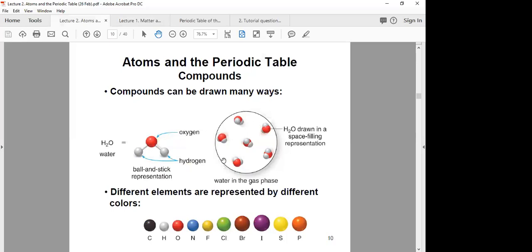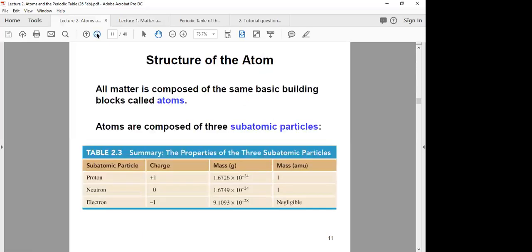Okay, this is the space filling representation, and you've already seen this representation in week 1. And of course, different elements are represented by different colours. And you can see here actually quite clearly that the atoms of each of these elements are different in size. So we'll come back to that later on.